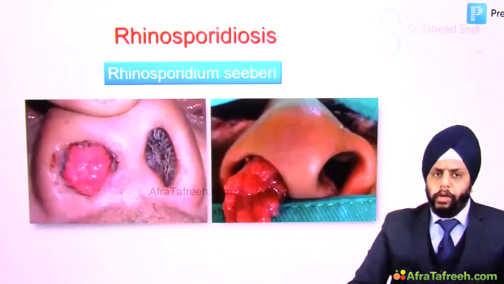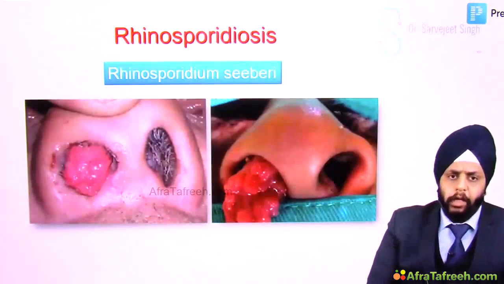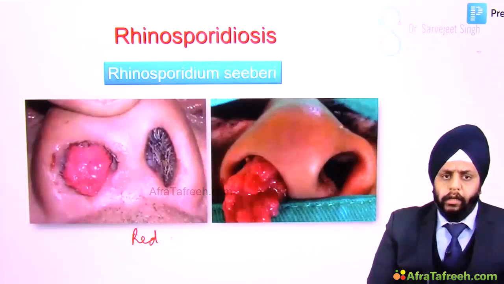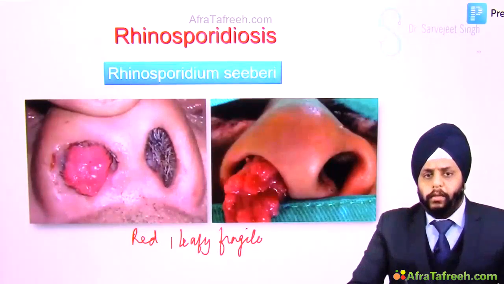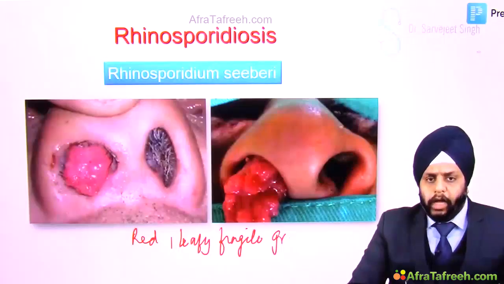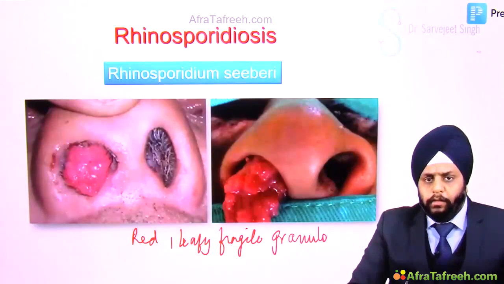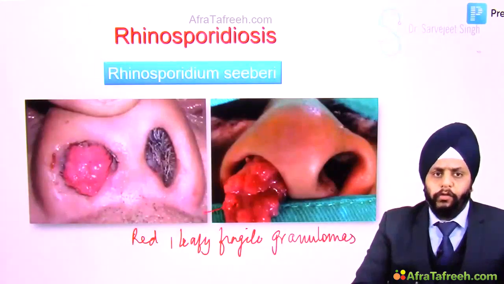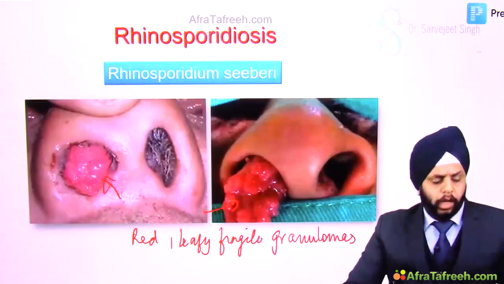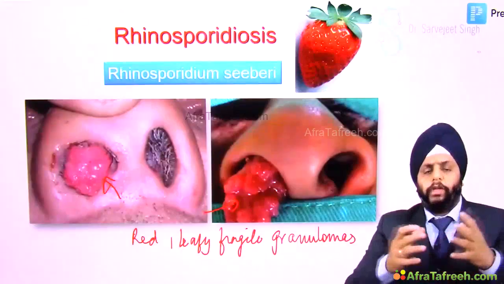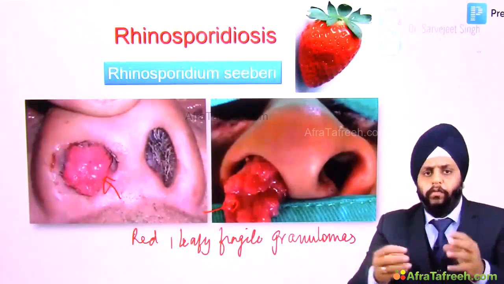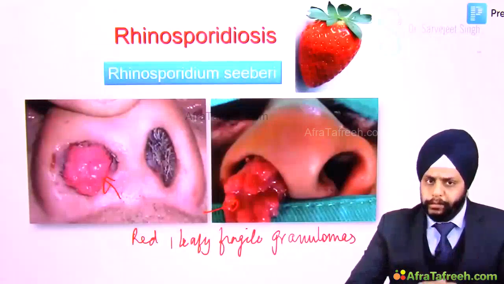This rhinosporidiosis, as you can see in the diagram, forms red, leafy, fragile granulomas, with some yellow spots over them, and they look like a strawberry. So they have also been named strawberry granuloma. When you cut them, they might bleed.